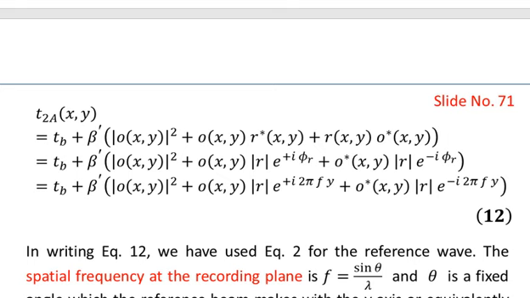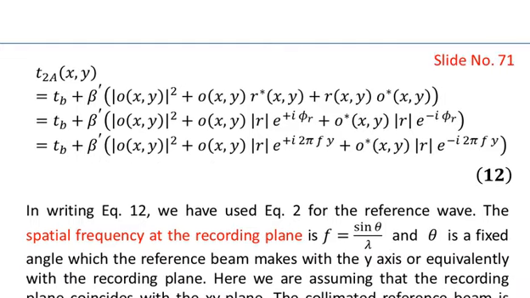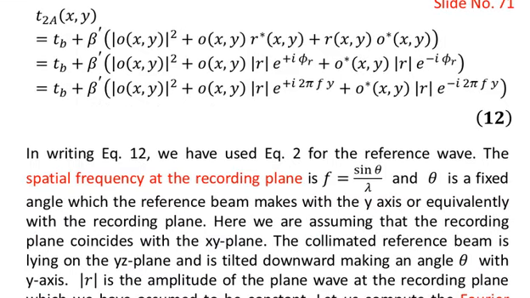The cosine factor produces the fringes, and we also have the factor that is related to the spatial frequency of the fringes. So in writing equation number 12, we have used equation number 2 for the reference wave. The spatial frequency at the recording plane is f equal to sine theta over lambda. We have also shown this factor before. So this is the f that we have introduced in equation number 12.